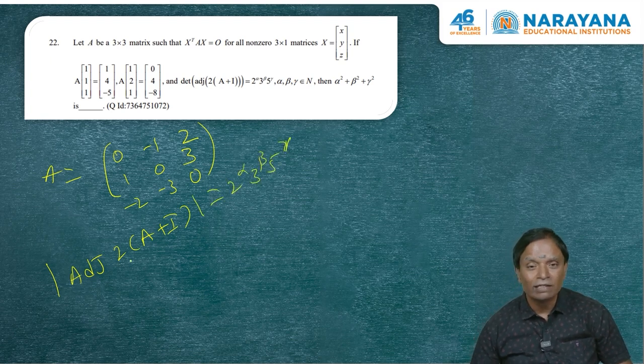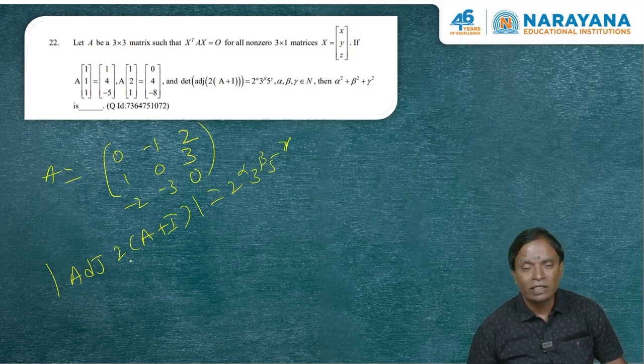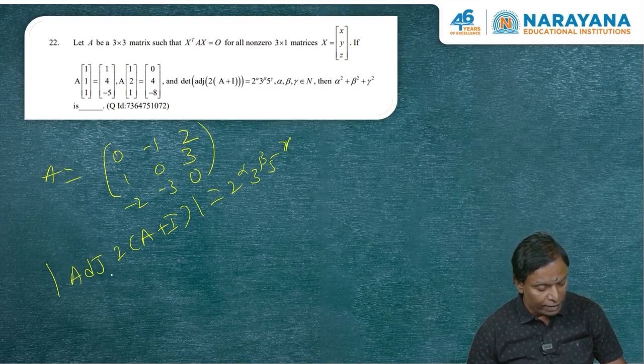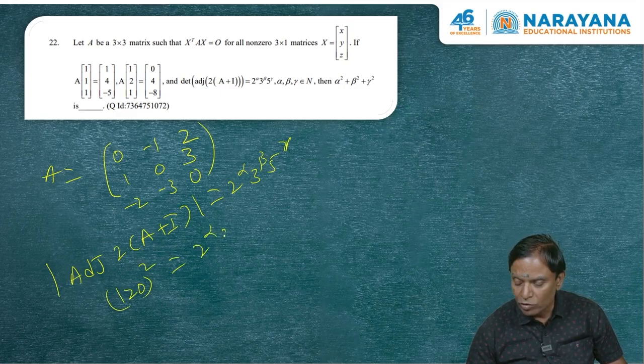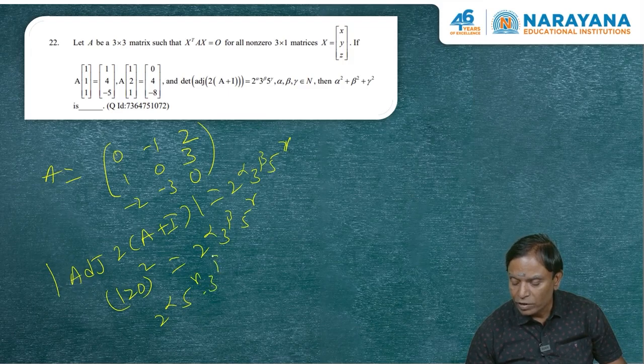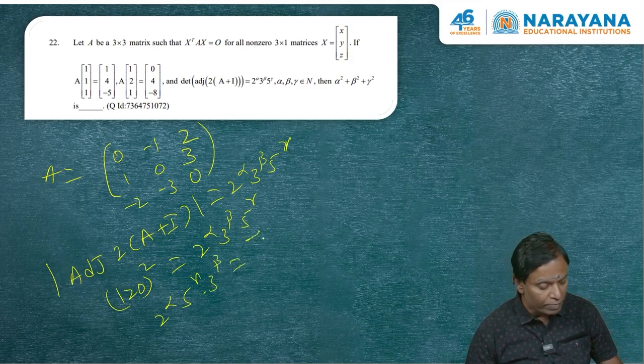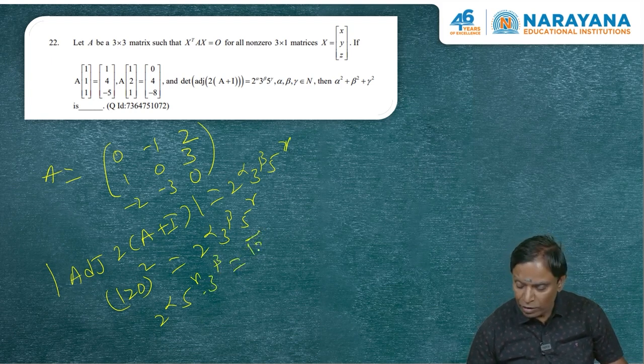You can calculate this. Adjoint of 2 times a 3 by 3 matrix means when 2 comes outside, 2 square. Since it is inside the determinant, when 4 comes outside, it will become 4 cube, which is 64. This value whatever is there will be nothing but 120 square. This will be 2 power alpha, 3 power beta, 5 power gamma, which gives you 2 power alpha, 5 power gamma into 3 power beta will be nothing but 120 whole square.